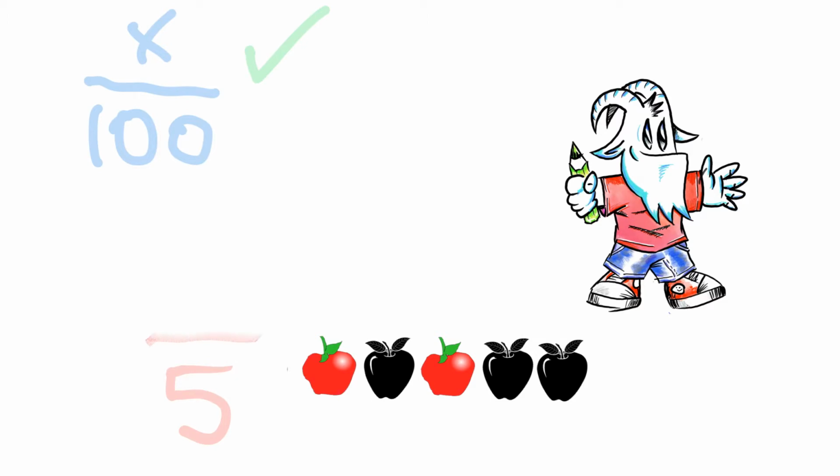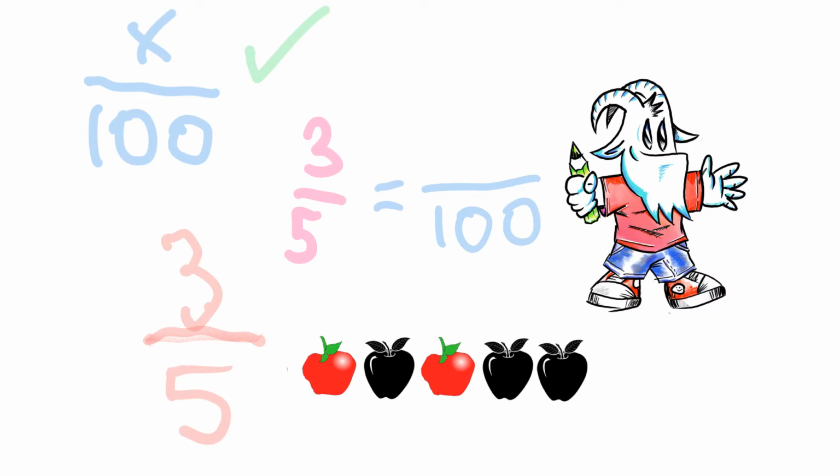And now I can count all the black apples, and that's 1, 2, 3. I hope you agree with that. Now, today's learning goal is to express that as a percentage. So how are we going to turn 3/5 into a fraction with the denominator of 100?